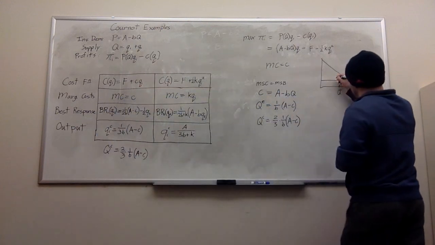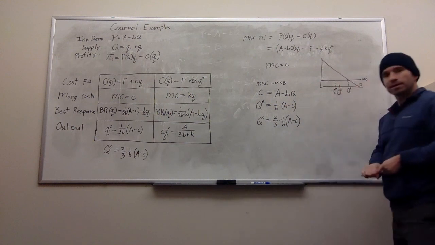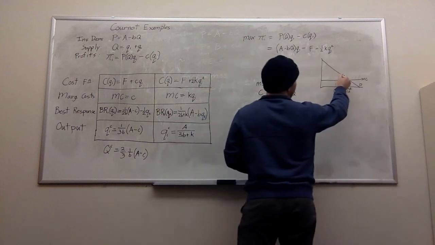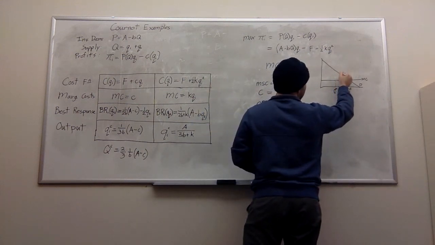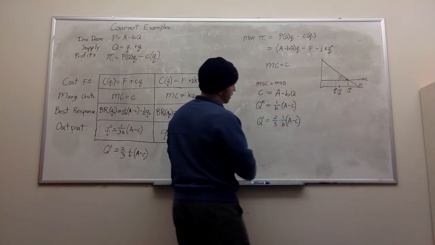And what you would find is that the monopolist outcome is even more restricted in output, and therefore creates even more deadweight loss, because this is the deadweight loss that the duopolists are creating.